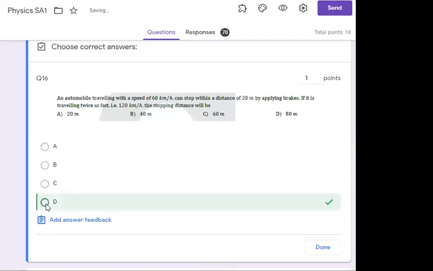Sir, we can use the second equation of motion also. Time is not given ना, तो second equation of motion क्यों use करोगे? Time कहाँ given है यहाँ पे? Okay. U square is equal to 2AS, right? So in the first case, U1 square is equal to 2AS1.